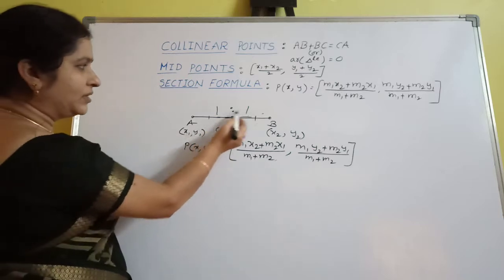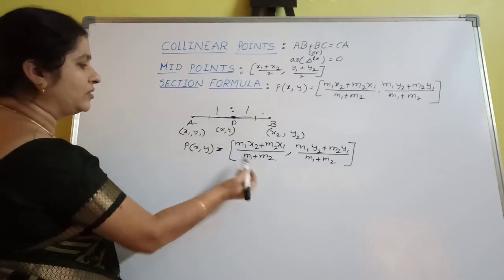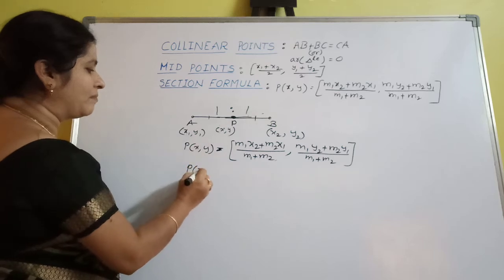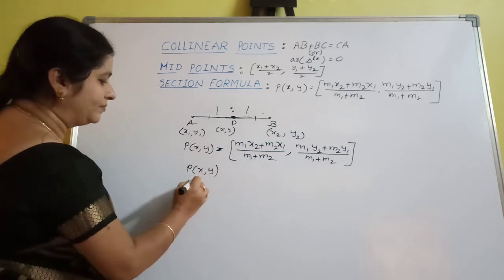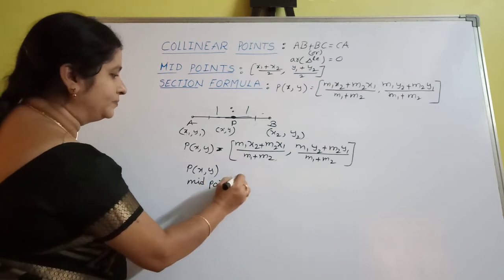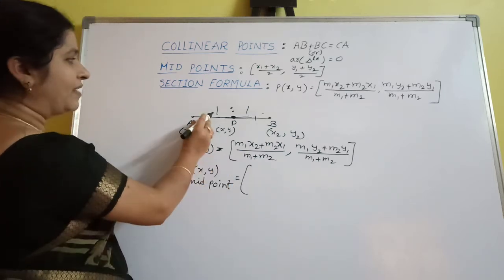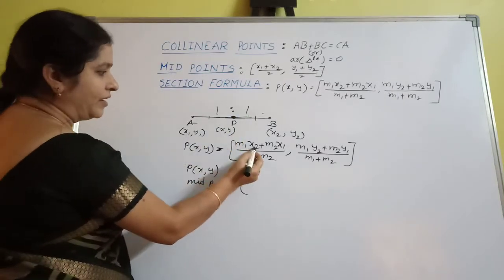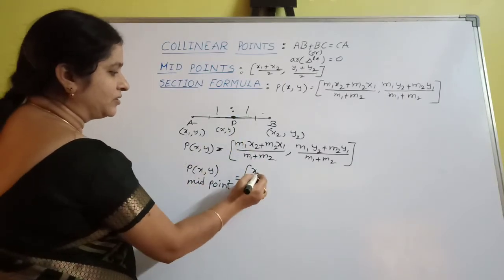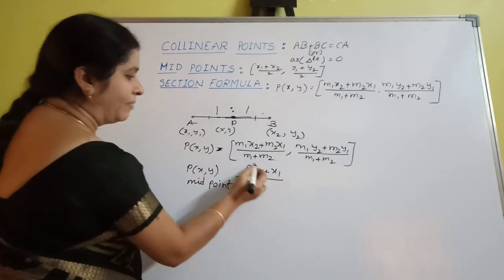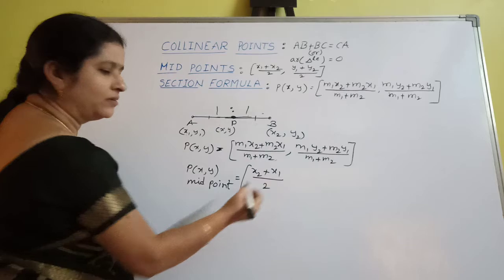By substituting these values, 1:1 ratio, in this formula, we get the midpoint formula. Midpoint (x, y) equal to, here m1 value 1, m2 value 1. So 1 into x2, x2, 1 into x1, x1, by 1 plus 1, 2.